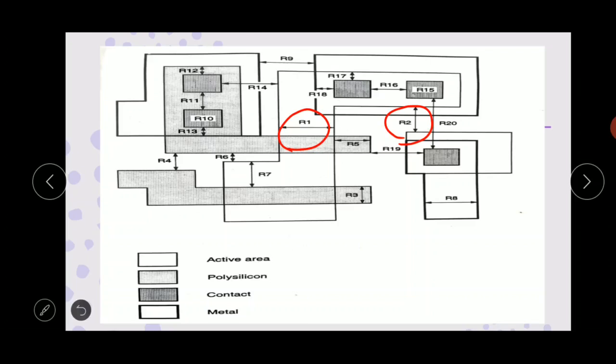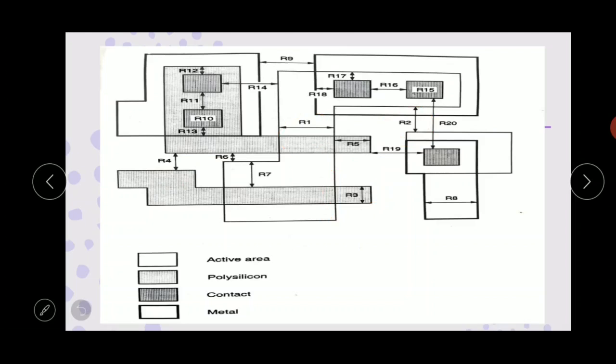Then R3. This is the minimum polysilicon width, that is 2 lambda. Then R4 is the minimum polysilicon spacing, that is 2 lambda. Then R5 is the minimum gate extension of polysilicon over active region, that is 2 lambda.